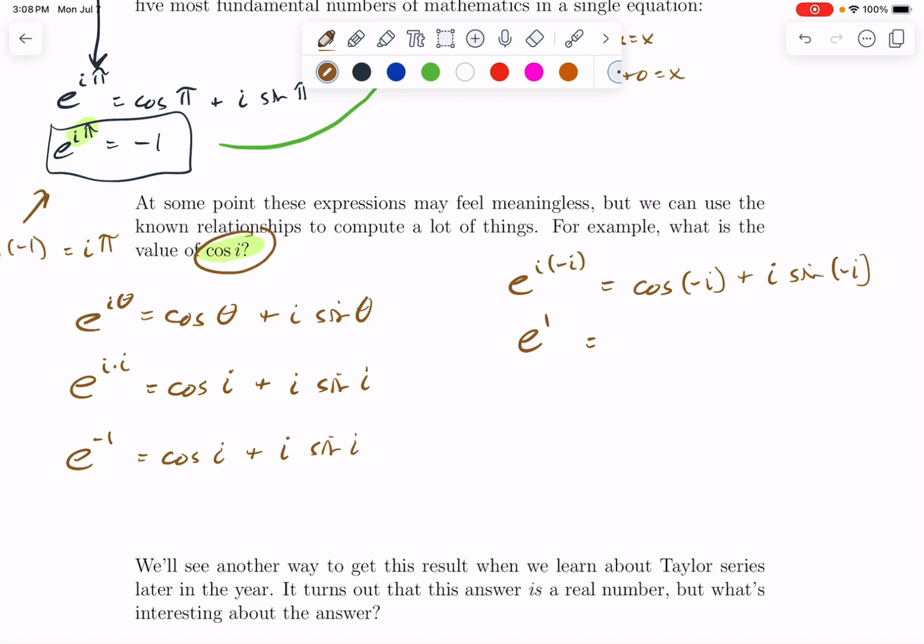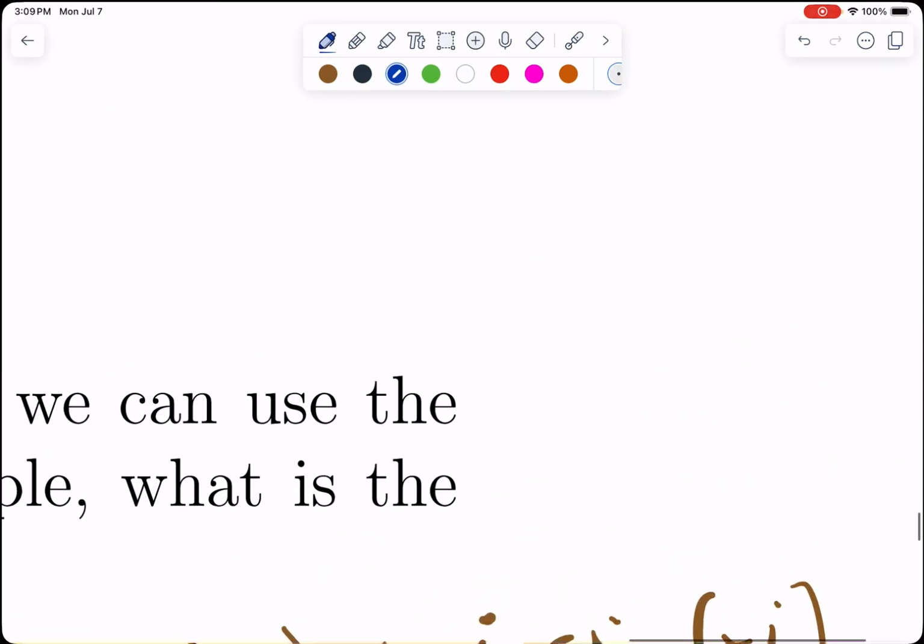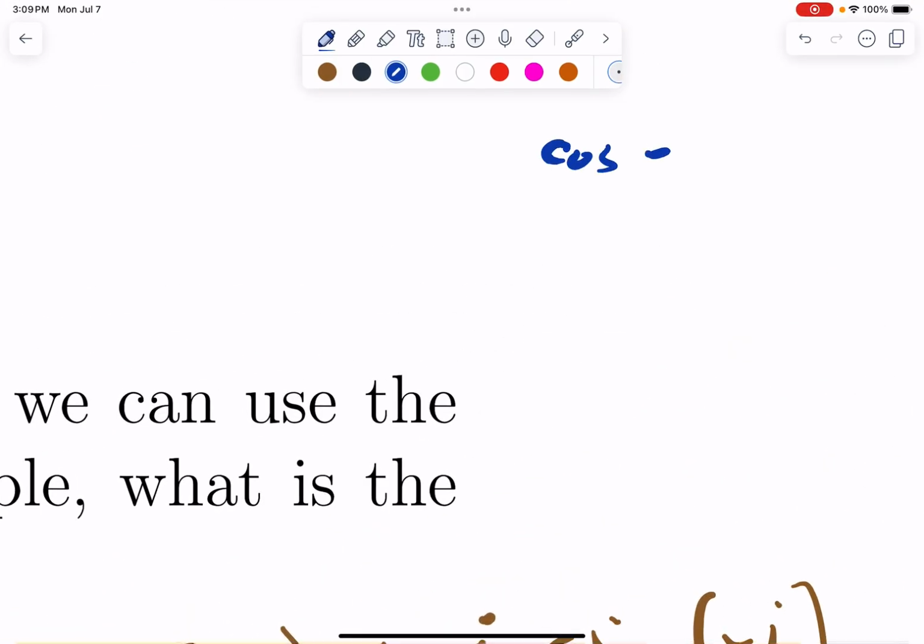And now we're going to use properties we know about sine and cosine, and I'm waving my hands a little bit about why we're still allowed to do these with imaginaries. We can make sense of this by thinking about the polar form, but I am just going to remind you that cosine is an even function.